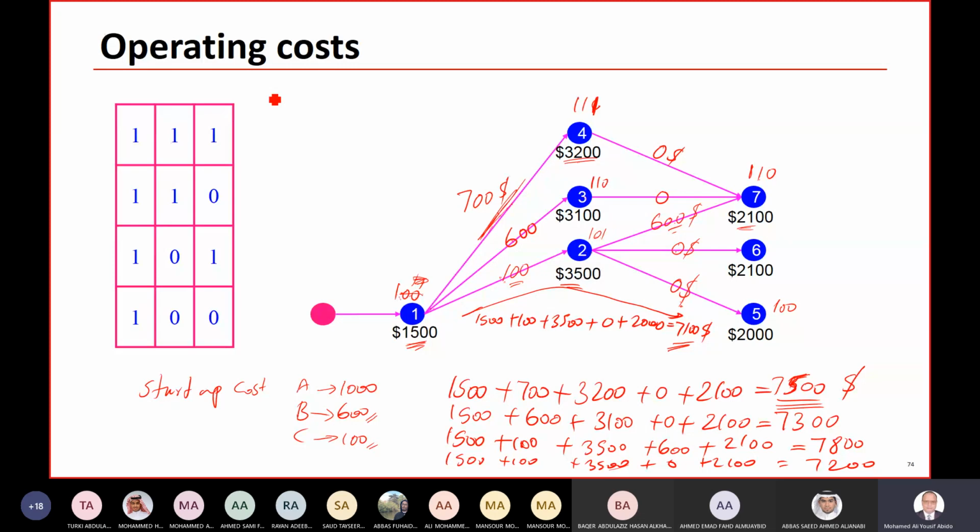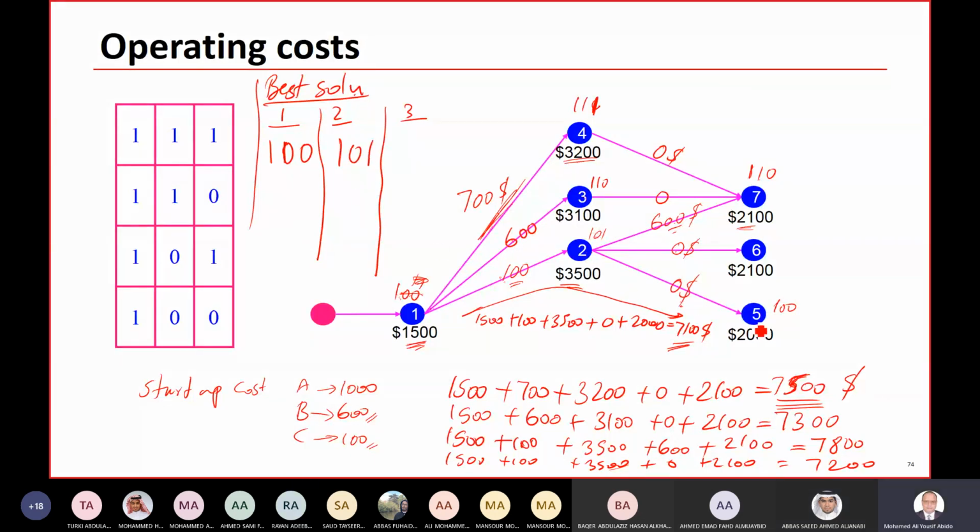This is the status solution. The best solution is as follows: period 1, period 2, and period 3. For period 1, you have 100, right? For period 2, you have 101.